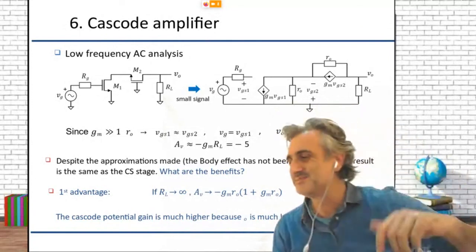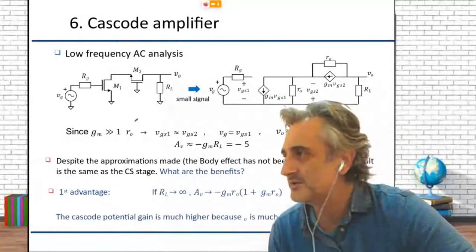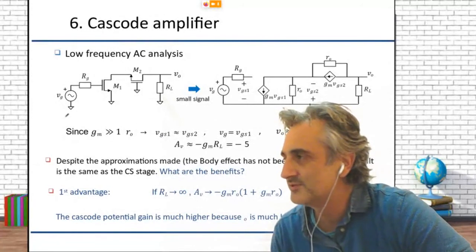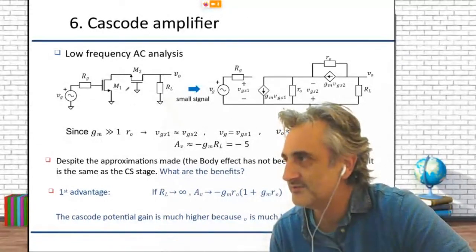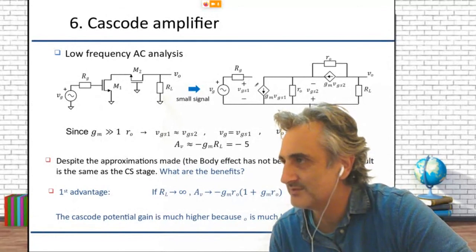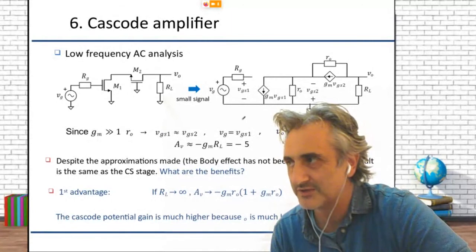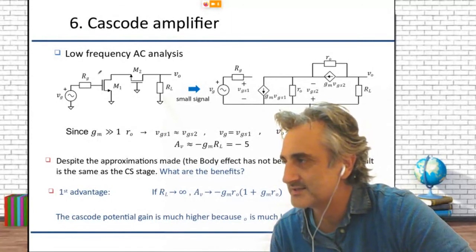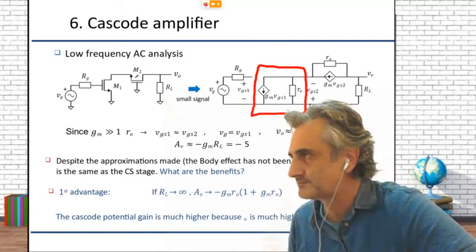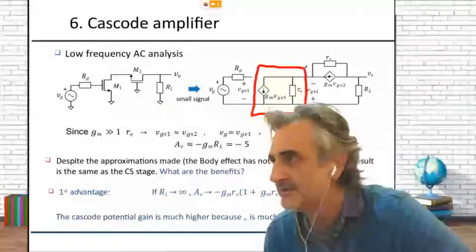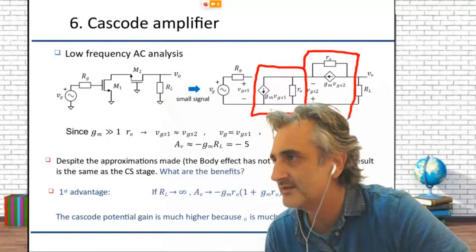Once we have this circuit, we just replace the different transistors by their small signal model, in this case for low frequency. First we start with low frequency. So M1 is replaced by this, and M2 is replaced by this.